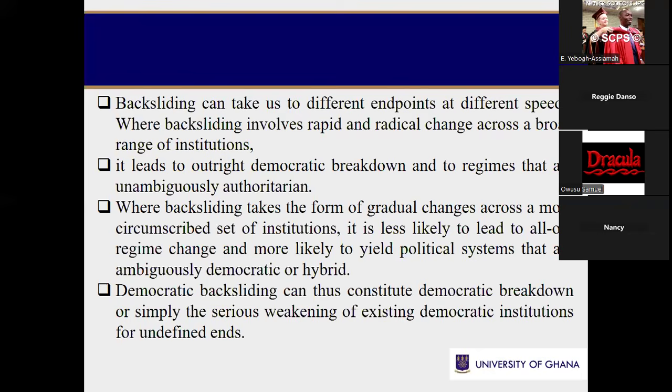Now, backsliding can occur in two ways. It can happen either in a more rapid sense. It can be very sudden. It happens at once, more revolutionary in nature. For example, yesterday Burkina Faso was a democracy.